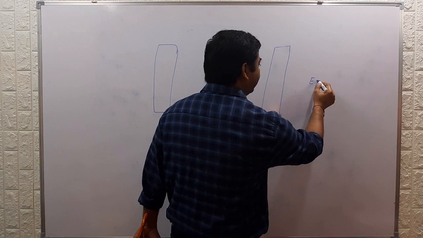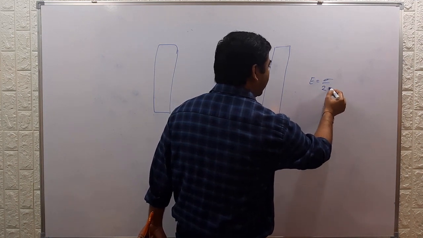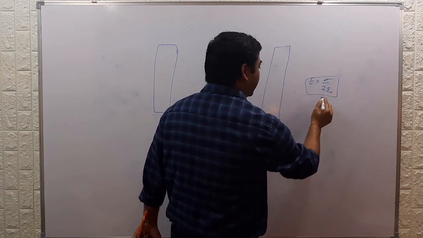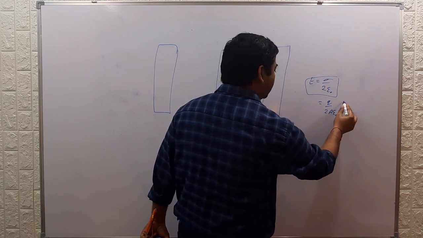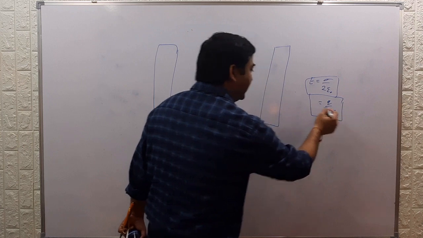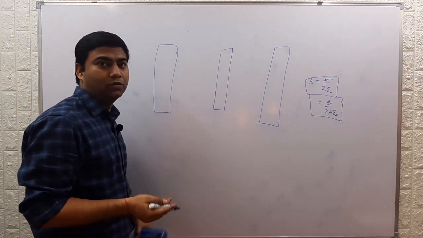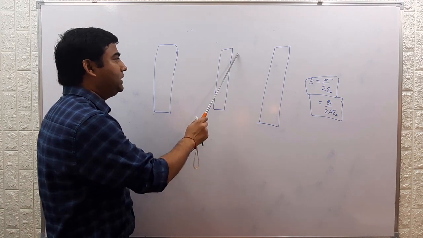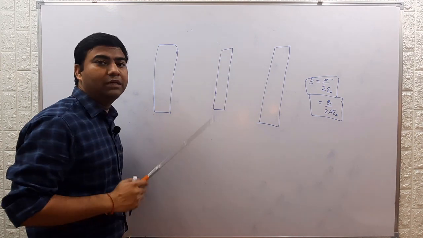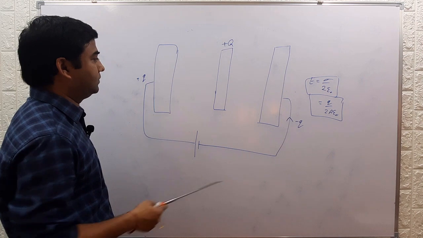We know electric field by an infinitely large sheet is sigma by 2 epsilon 0, or it can be written as q by 2A epsilon 0, for A having a very large value corresponding to the distance of any point P where electric field is being found. So this is the problem.